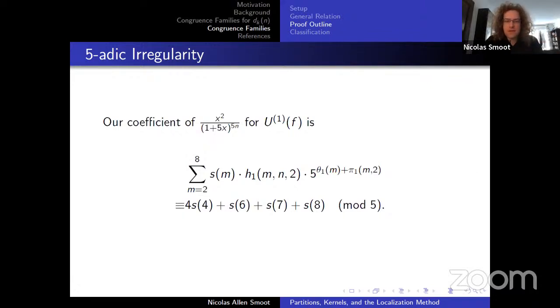Similarly, the coefficient of x squared over 1 plus 5x to the 5m is going to look like this here. So I have a 4, s4 plus s6 plus s7 plus s8. And I'm not going to show you this, but it does in fact come out divisible by 5. Of course it does, because you can compute L2, and L2 is bigger than L1, but it does in fact have the extra divisibility that you need.